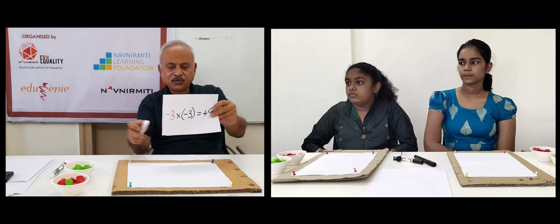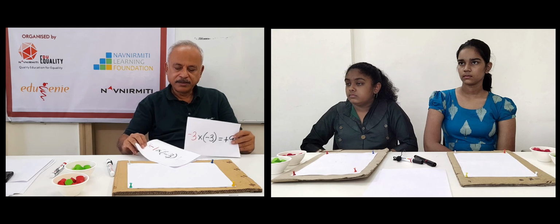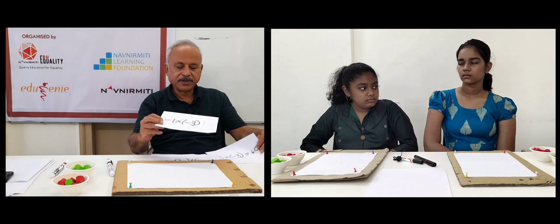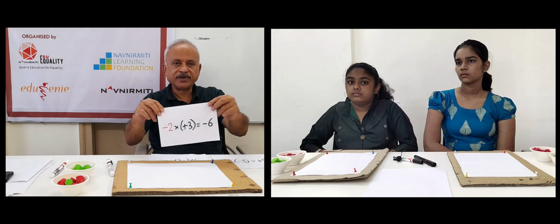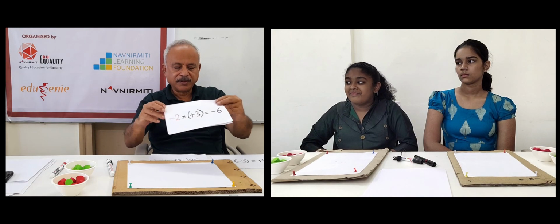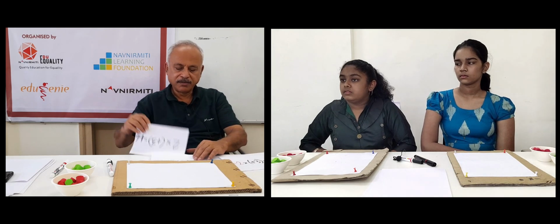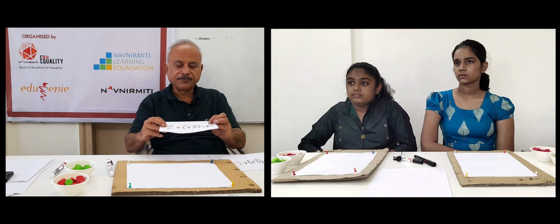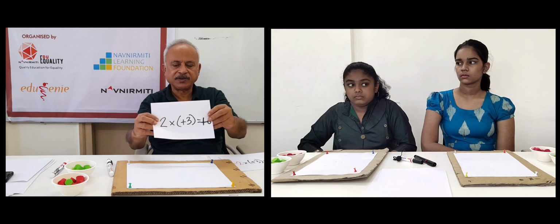Right? So earlier we saw why negative into negative is positive. We saw negative into positive is negative. We saw, to start with, that positive times positive, plus times positive, is positive.